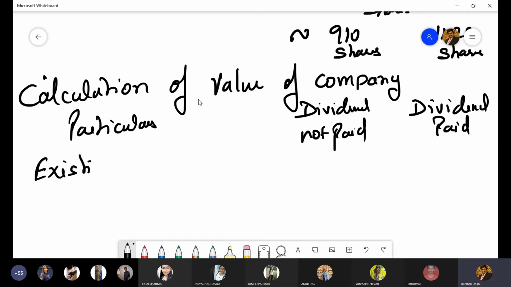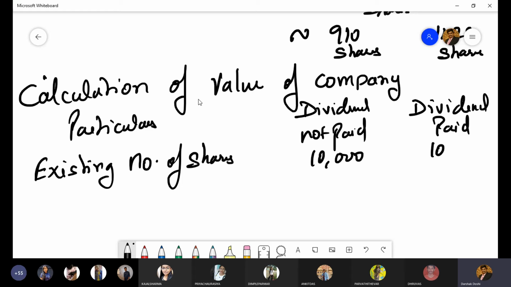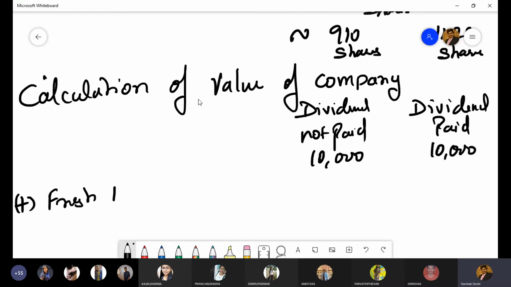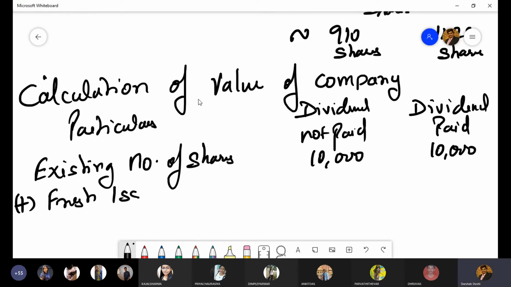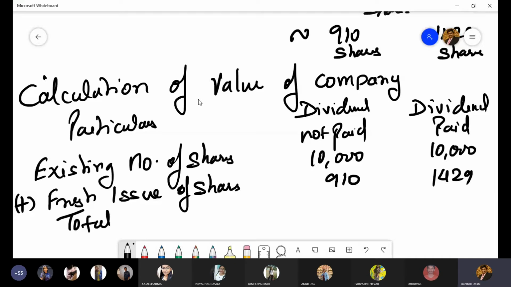We start with existing number of shares, 10,000 and 10,000. Existing we had 10,000. To this we add fresh issue of shares. So total number is 10910 and 11429.